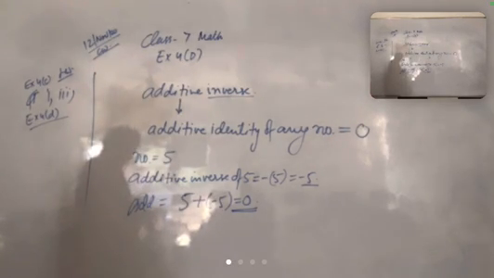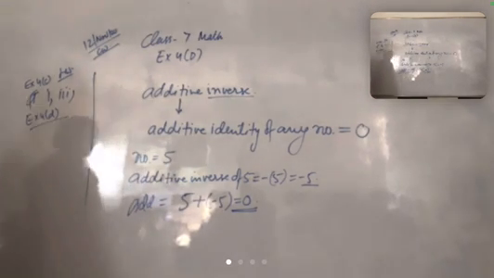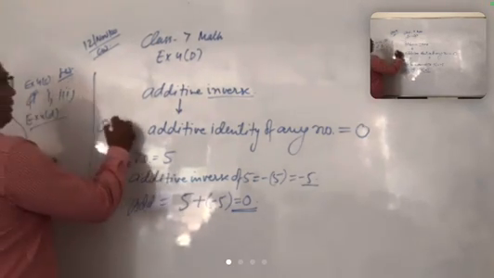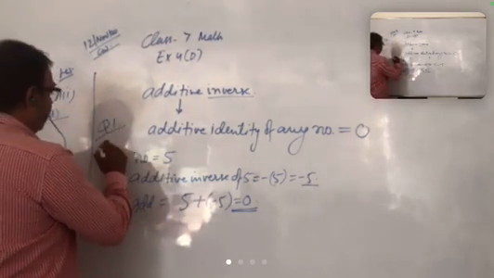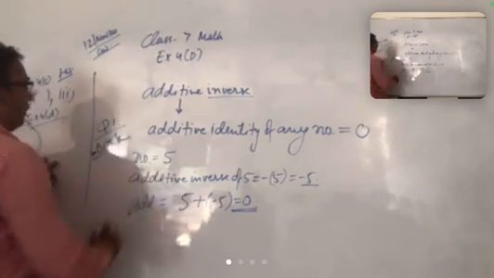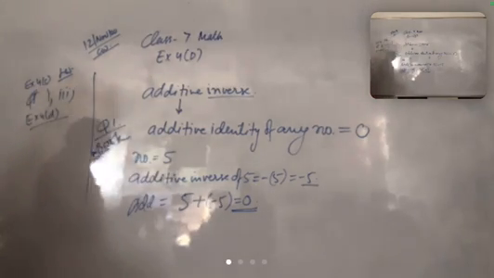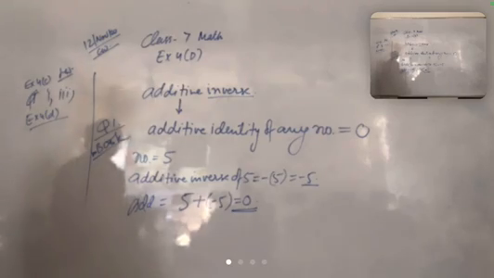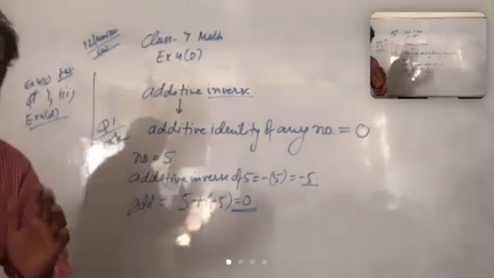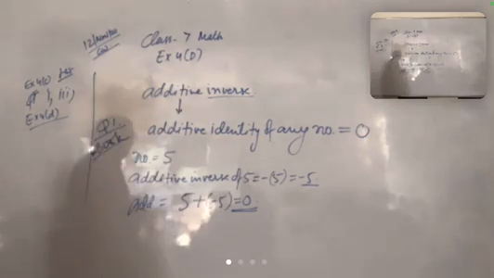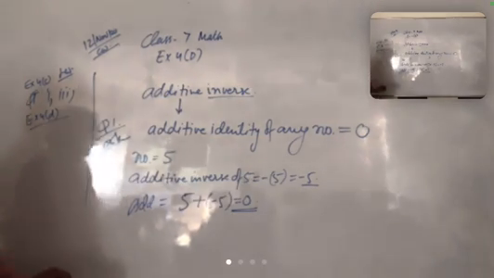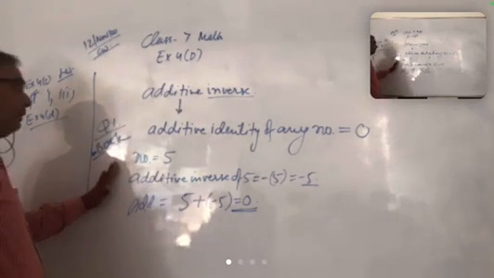In question number 1, find the additive inverse of. Question number 1 you can do in the book only. If there is a problem, you ask again. You can do it only in the book, but with pencil only. Don't use pen. When you are writing something in a book, you can write with a pencil.